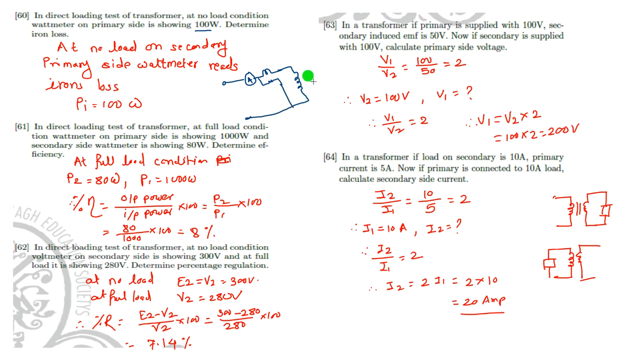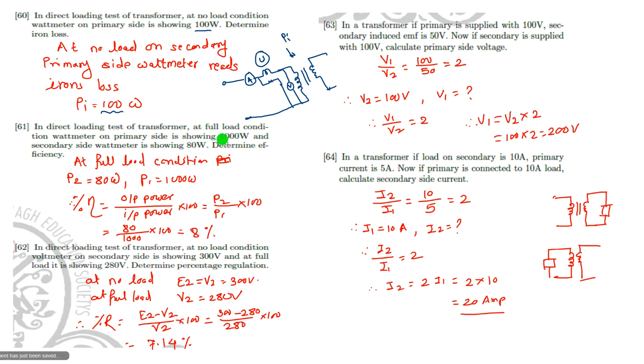Here the secondary winding is no load, meaning it is kept open. So whatever the wattmeter reads here is due to the iron loss taking place in the transformer. So whatever the wattmeter reading under the no load condition, that is nothing but the iron loss, so it is 100 watt.